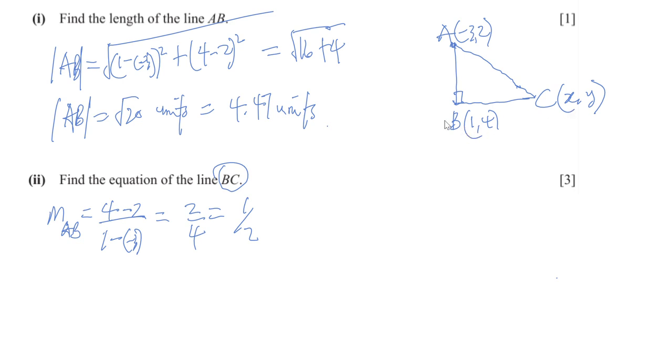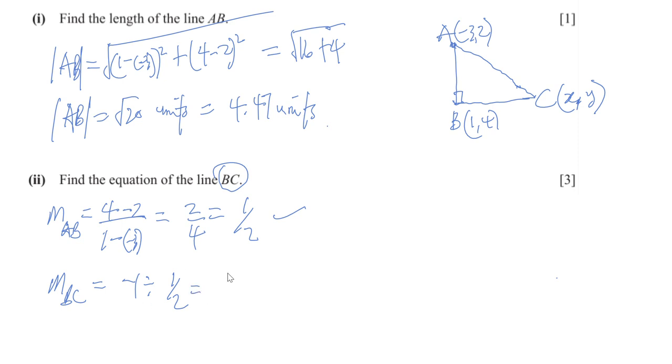Finding the equation of line BC, the gradient of BC is not known. So what we can do is first of all find the gradient of line segment AB. Gradient of line AB equals change in y, y2 minus y1, divided by x2 minus x1, and that gives 1 over 2, which we have done. We now use this gradient to find the gradient of BC. So gradient of BC equals minus 1 divided by gradient of AB.